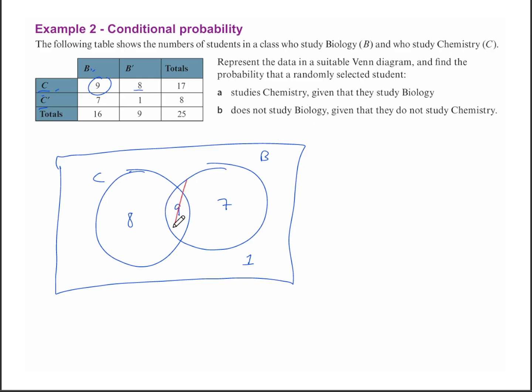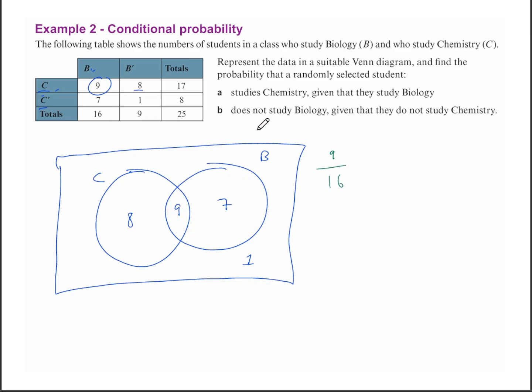So this is now your total possible outcomes, because they study biology, we have already been told. And you're told to find the probability that they study chemistry, which is just this part of the biology people. Because remember, we've been given that they study biology, so our probability here will be 9, the success outcomes, divided by the total people who study biology, which is 9 plus 7, which is just 16.